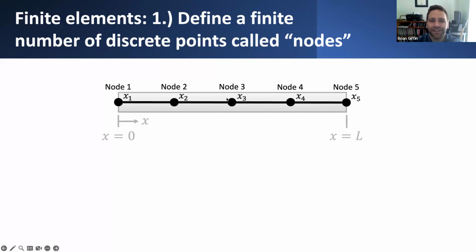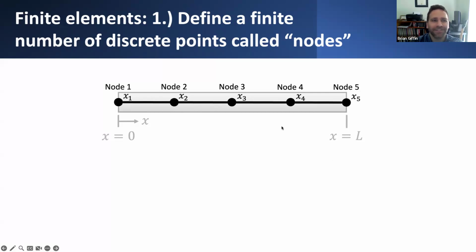And nodes are really just a finite collection of points that we might distribute along the length of the structure. So I might have, in this example, 5 nodes, which are really just 5 points that I've placed along the structure. I'll call those x1, x2, x3 through x5.